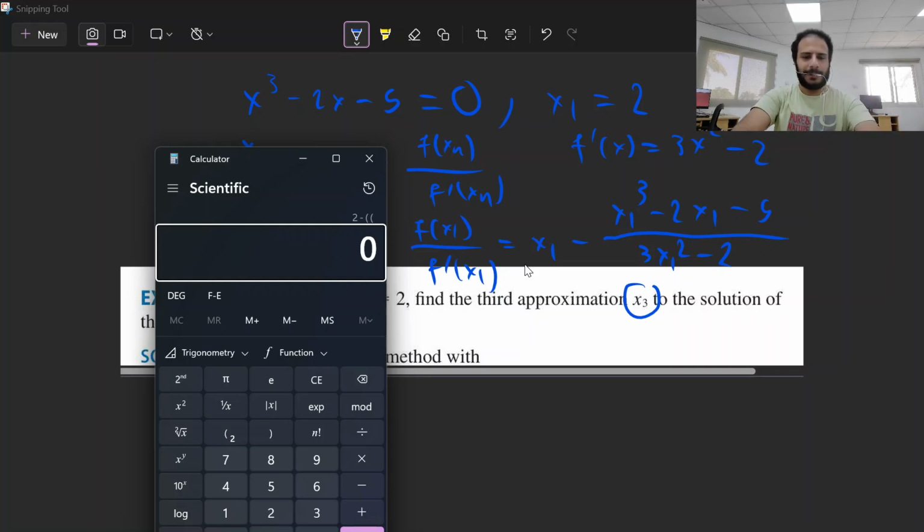You get 2 cubed minus 2 times 2 minus 5. Now close the parentheses for the numerator, okay? Now divide by, now we are substituting in the derivative, okay? 3 times 2 squared minus 2, then close the two parentheses, okay? You get 2.1. Are you good with this?